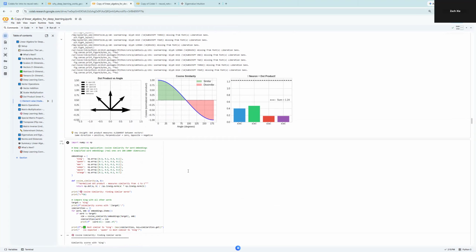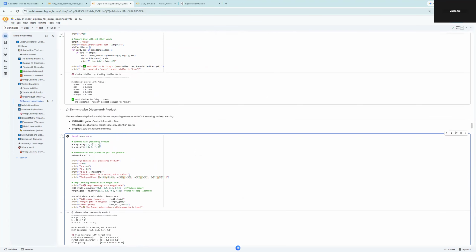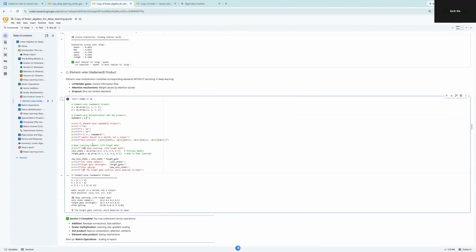Now with the element-wise, or what's it called, Hadamard product, it's really like a gating operation. Given two vectors, it only compares how they are similar to each other on all the coordinates.